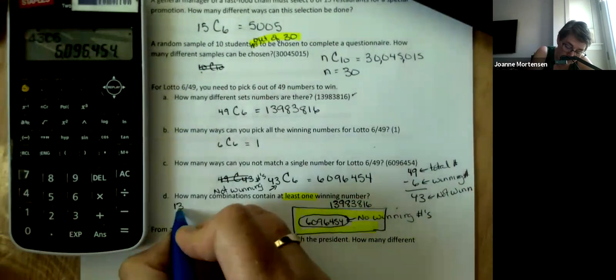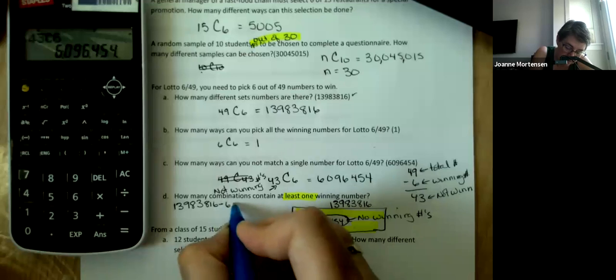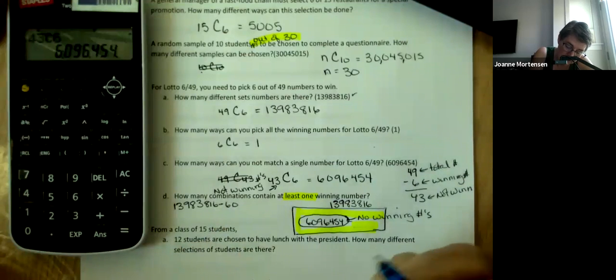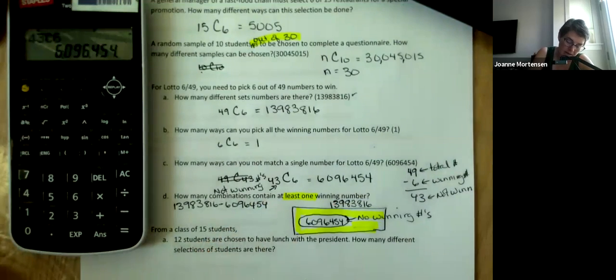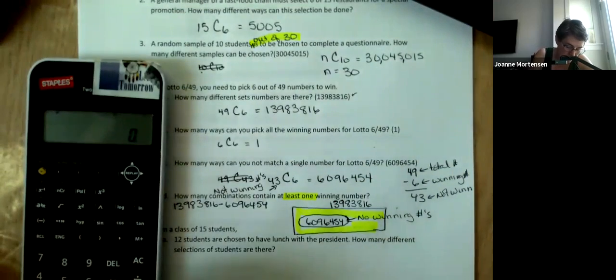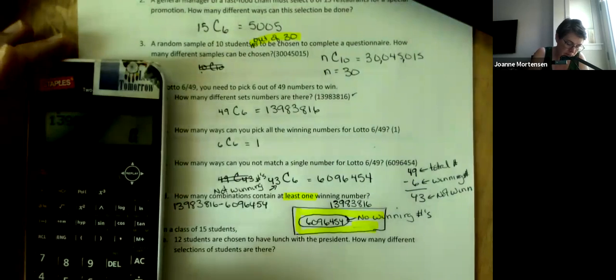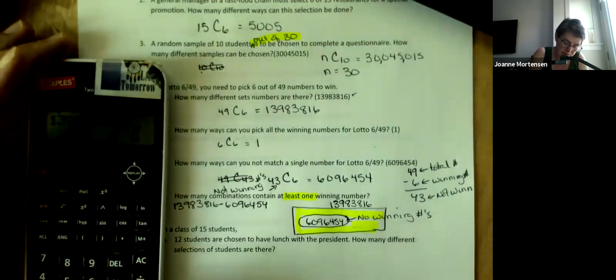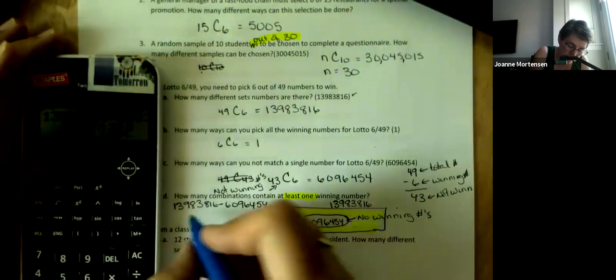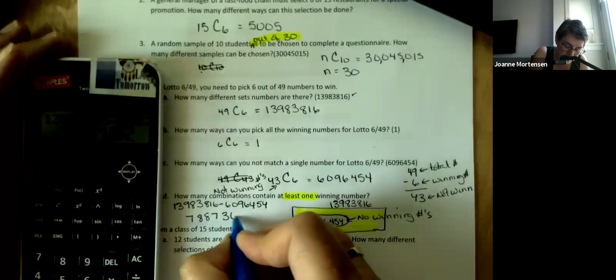So that's going to be 13,983,816 minus 6,096,454. And I was going to say, there's my answer, but I don't even have my answer on here. 13,983,816 minus 6,096,454 is 7,887,362.